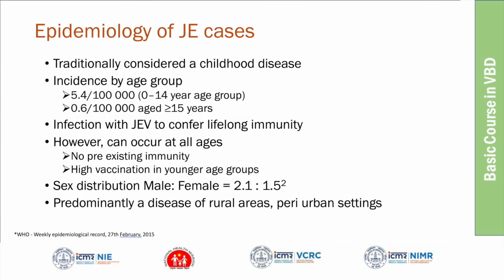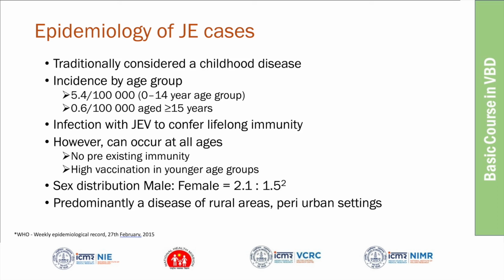On the epidemiology of JE, traditionally JE is considered a childhood disease. Mostly children get affected by this disease. If you look at the incidence by age group, 5 to 6 cases can happen per 1 lakh population in the pediatric age group. However, the incidence is less than 1 in the age group above 15 years.